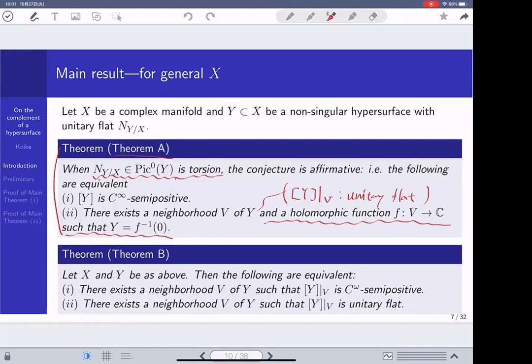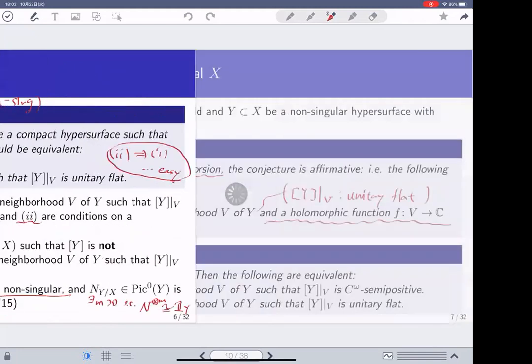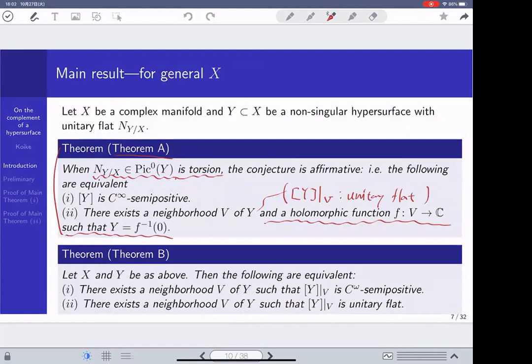And in the previous slide, I said that when X is a surface, X and Y are non-singular and the normal bundle is torsion, then the conjecture is affirmative. So Theorem A is a generalization of this result.